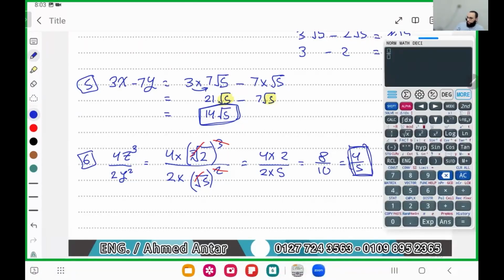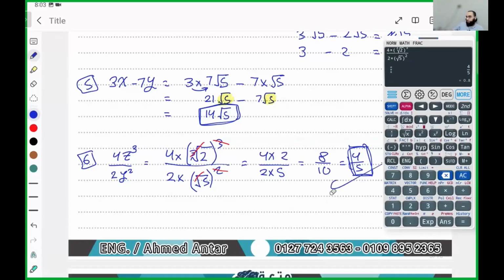This is a fraction. 4 times, open bracket, cubic root 2, close the bracket, to the third power. Down it's 2 times, open bracket, root 5, close the bracket, and the second power is 0.8. Actually, if you press the SD button, it is converted to 4 over 5. The answer is what we wrote before.